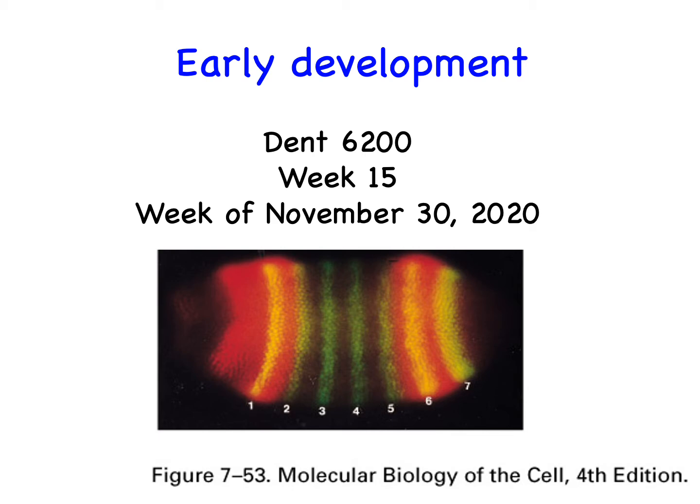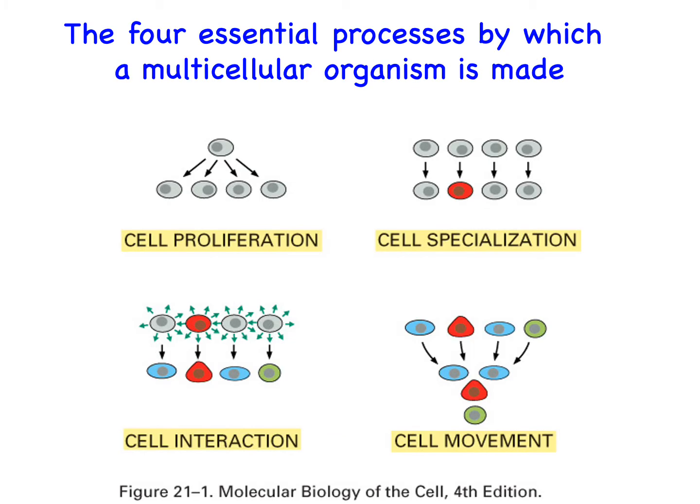So let's look at some of the basic processes going on here, and there are four essential processes to make a multicellular organism shown here. And of course, one is cell proliferation. If your cells don't divide, then of course they're not going to populate the adult organism.